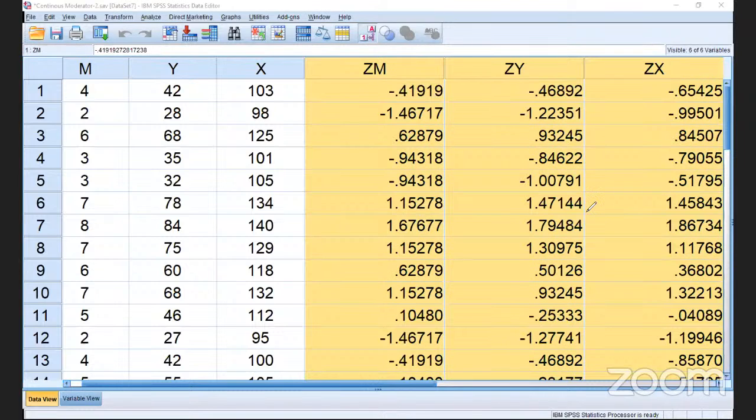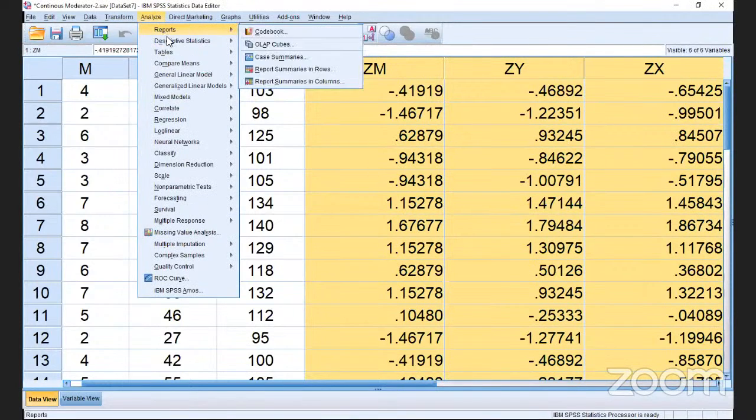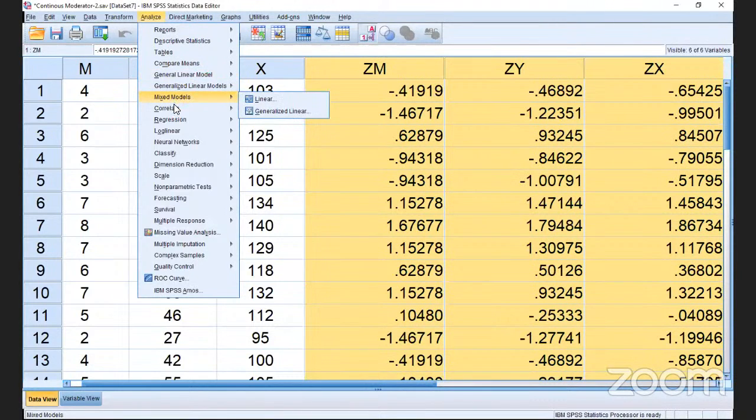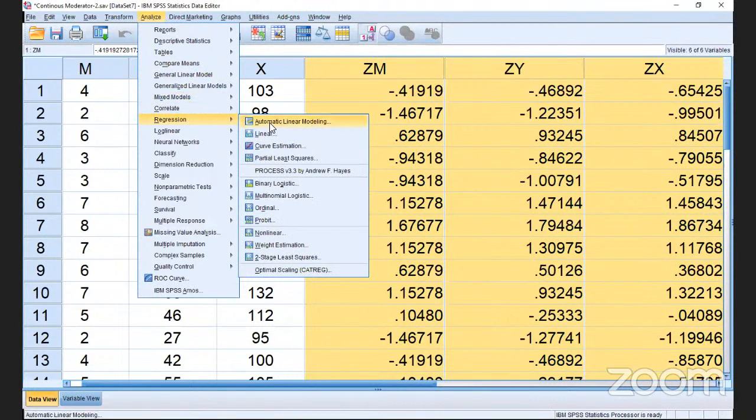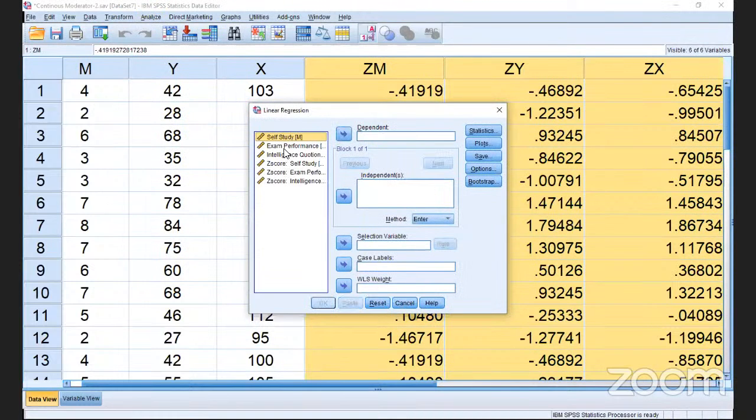I am stopping sharing this and showing you the continuous moderator. Now I am using multiple regression analysis, with one dependent variable and two independent variables: analyze, regression and linear.